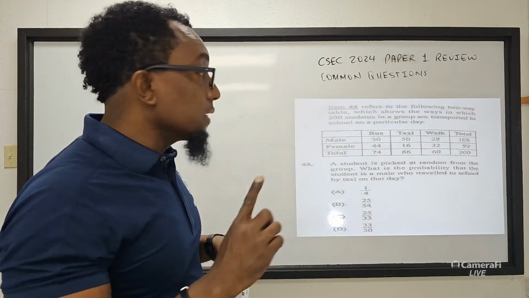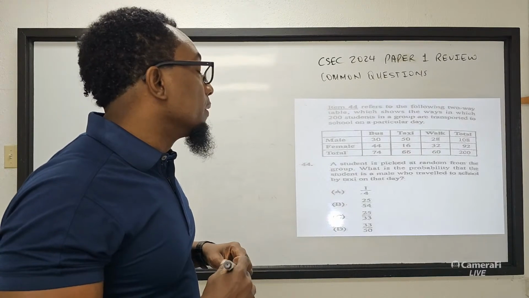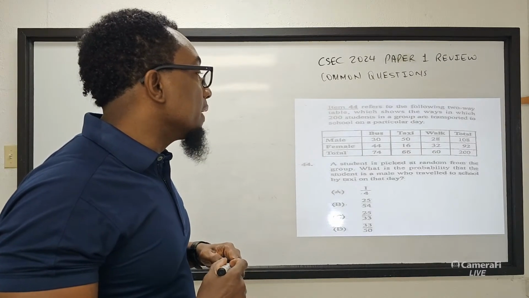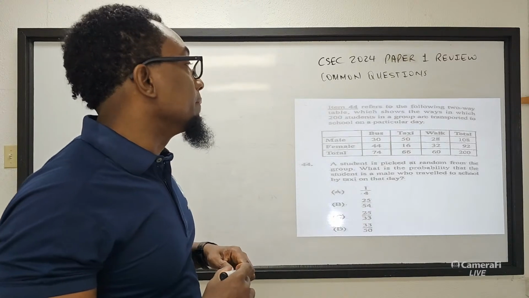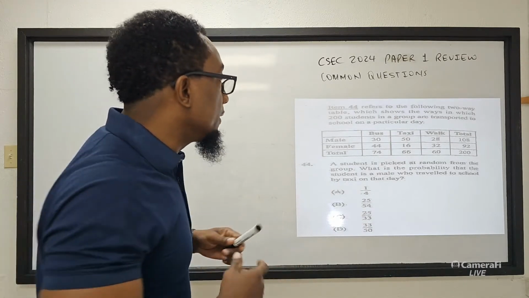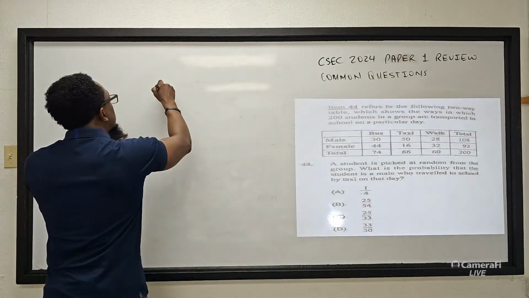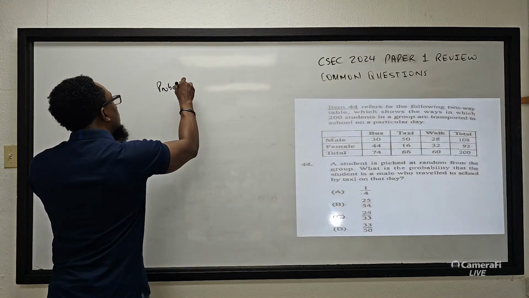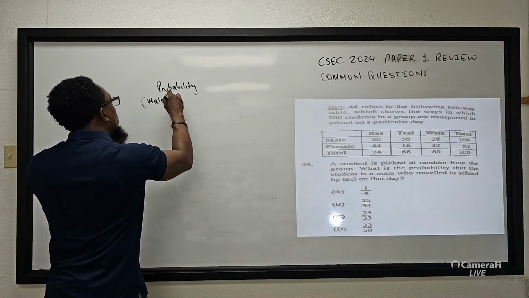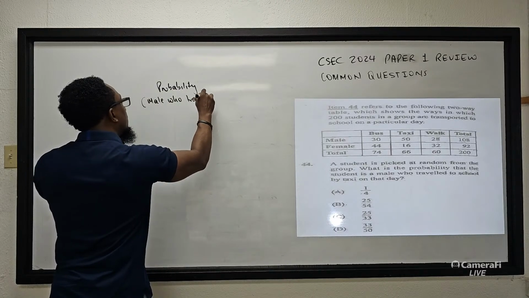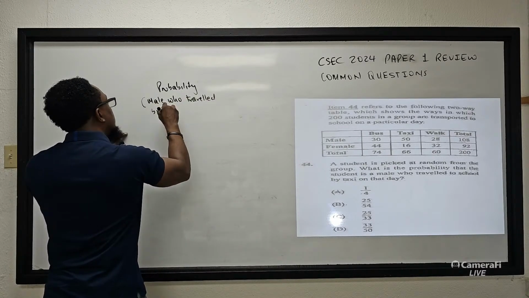A student is picked at random from the group. What is the probability that the student is a male who traveled to school by taxi on that day? So that's a probability: male who traveled by taxi.